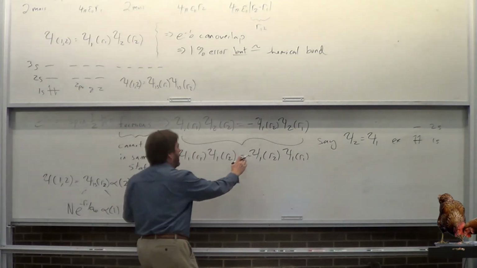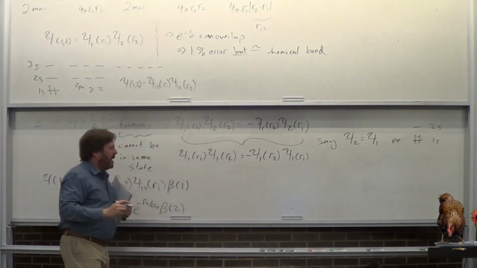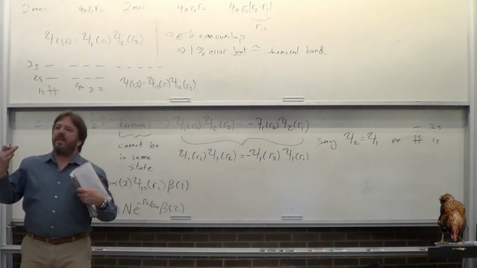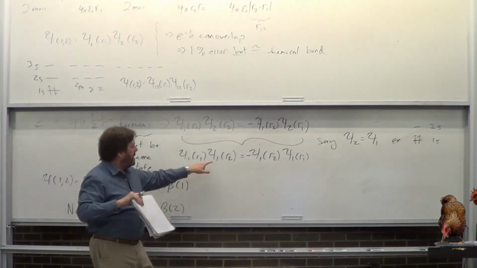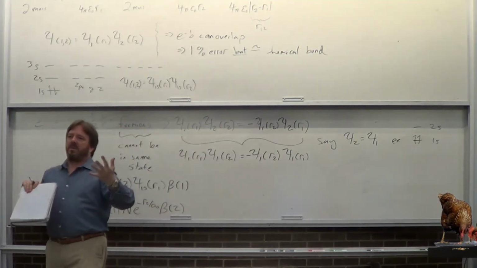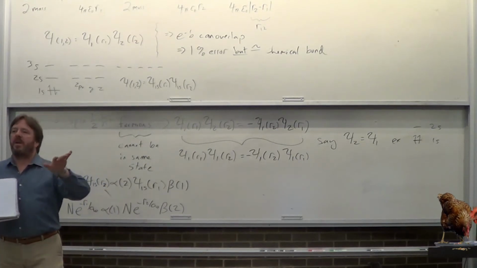There's a minus sign. By designating this to be the same as that, I'm just calling them both 1s orbitals. Not hard, right? I'm saying they're both spin up.